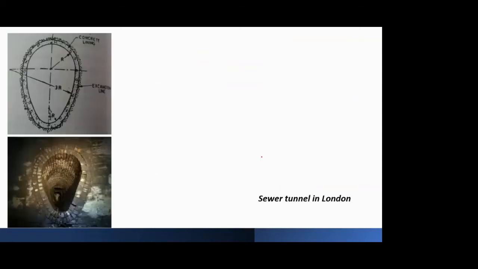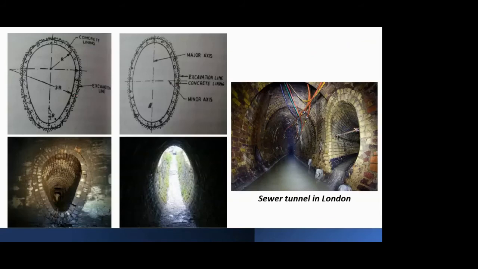And if I show you a photo for it, on the left side I've shown you the combination of the line diagram and the actual one. The figure numbers 1A and 1B are egg-shaped tunnels.